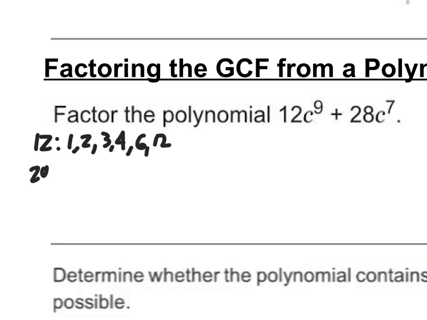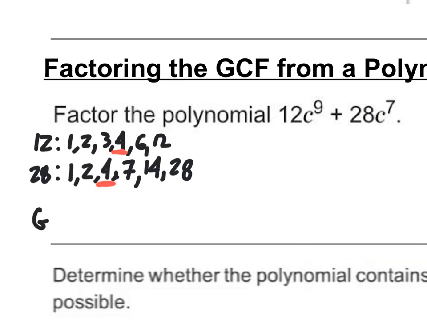And for 28, we've got 1, 2, 4, 7, 14, and 28. And so the greatest common number between those is 4. Between c to the 9th and c to the 7th, the smallest exponent is 7, so c to the 7th. So my greatest common factor is going to be 4c to the 7th.